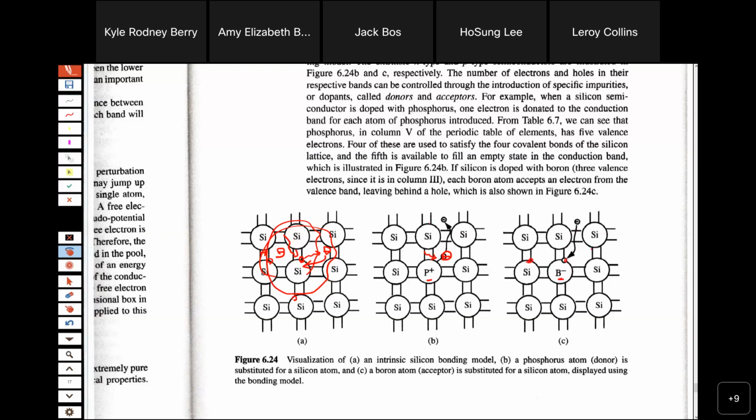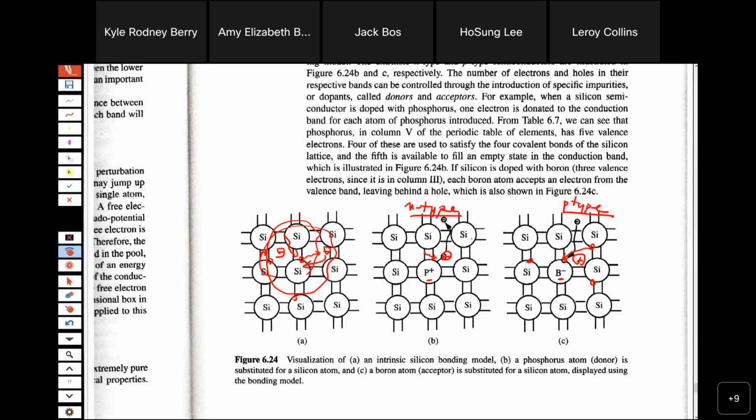Some hole is replaced, and then the hole is moving. So we can control the hole. This is a p-type semiconductor. This is an n-type semiconductor. That's why we need p-type and n-type semiconductors to control it. Okay.